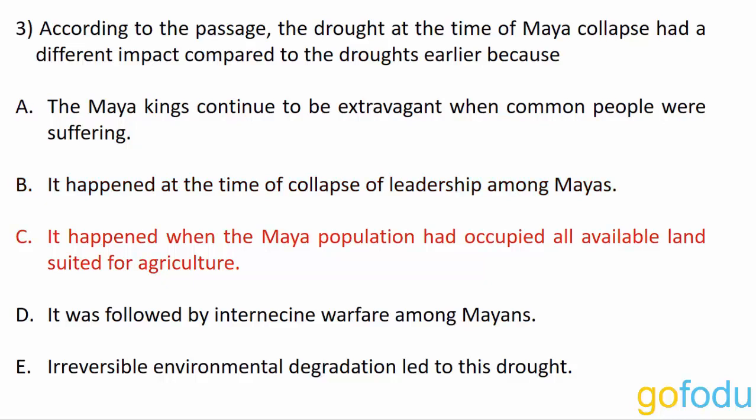Option C, it happened when the Maya population had occupied all available land suited for agriculture. Yes, exactly. As all the land was occupied, people had nowhere else to go to. Options D and E are also not the reason as to why the drought had a different impact during the Maya collapse. Option C is the answer.